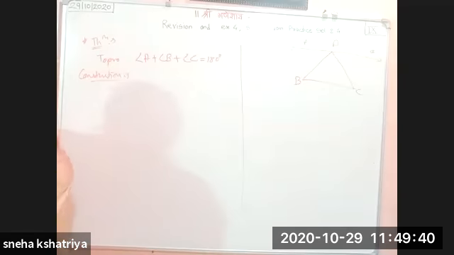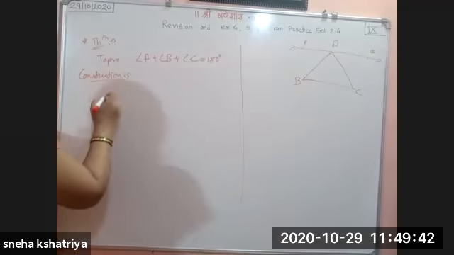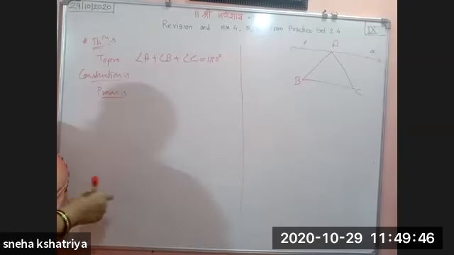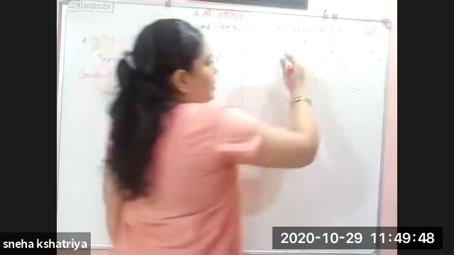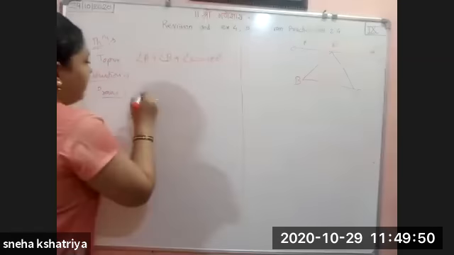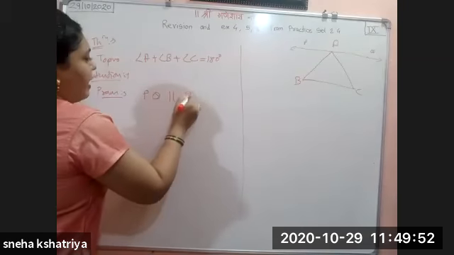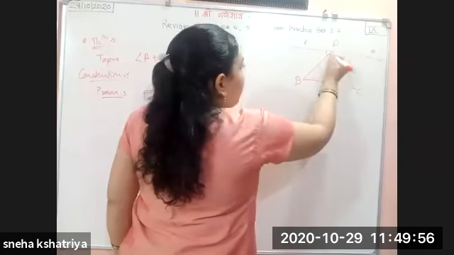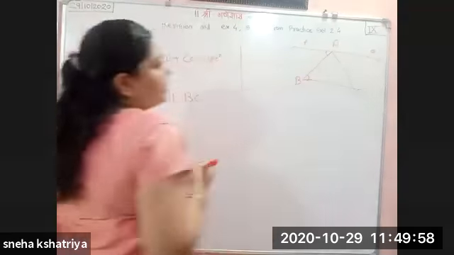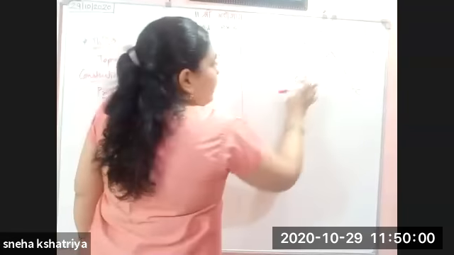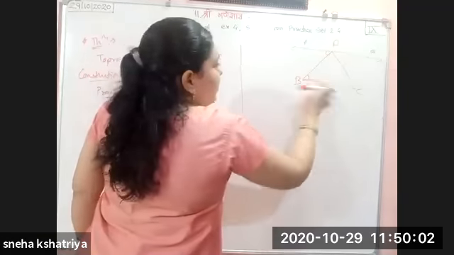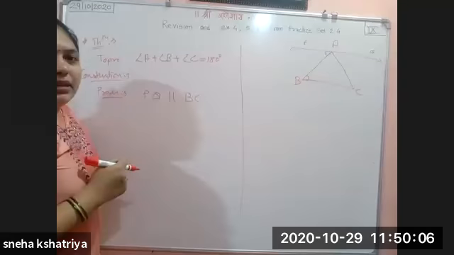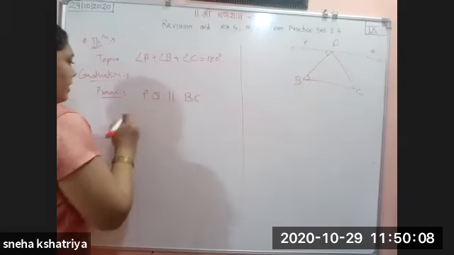Now this we have to prove. This construction we have taken. How have we proved it? Now PQ is parallel to BC. So this angle PAB and angle ABC become what here? Interior alternate angles.